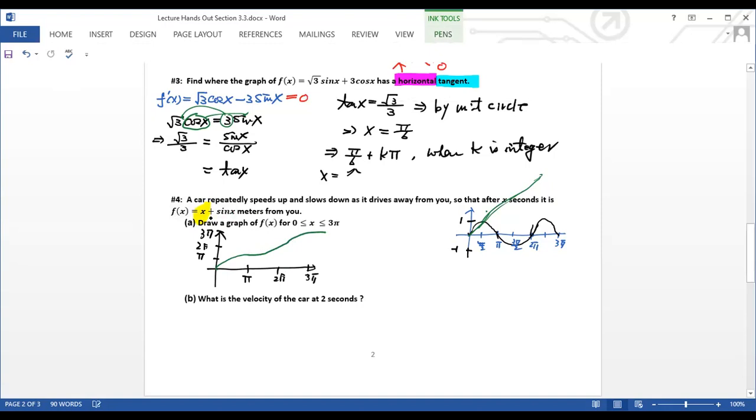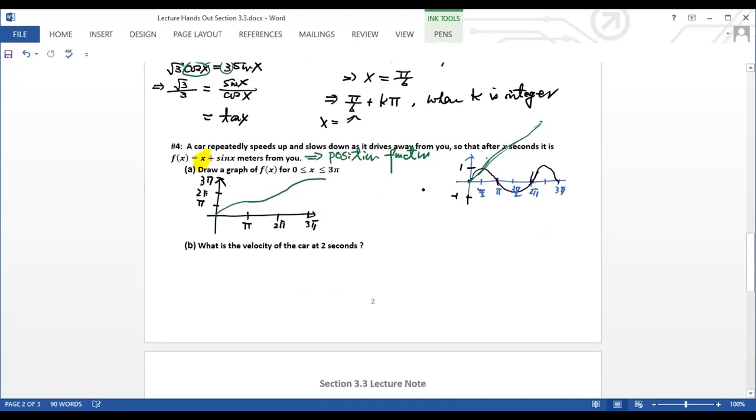Right? So let's use the graph here. Now this is what we call the position function. That is where this car will be.